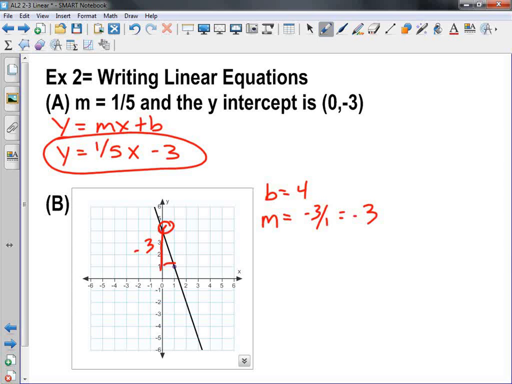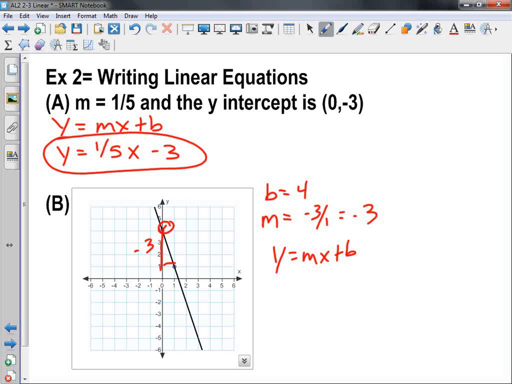Well, it starts off with y equals mx plus b, right? That's the equation. What's m stand for? What's b stand for? Okay, so now let's take out the m and the b and put in numbers. For part A. Part B, yeah.